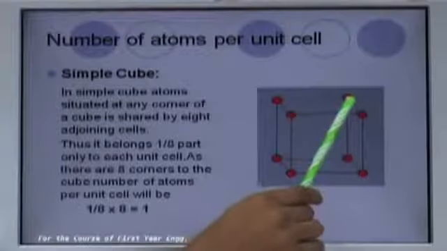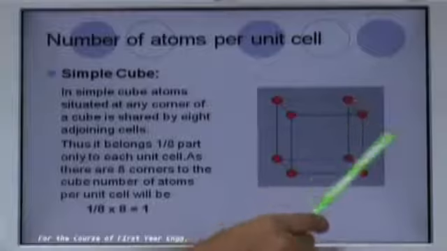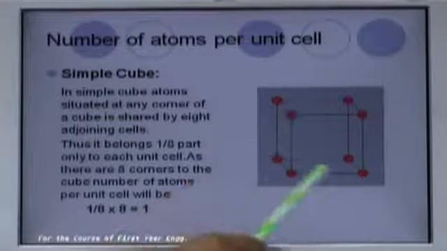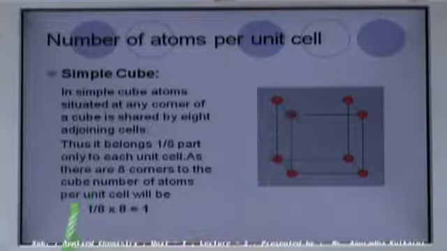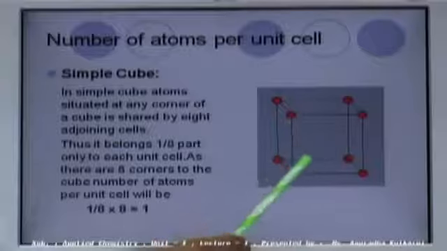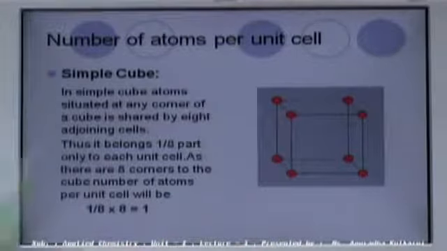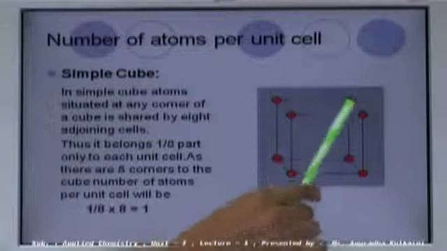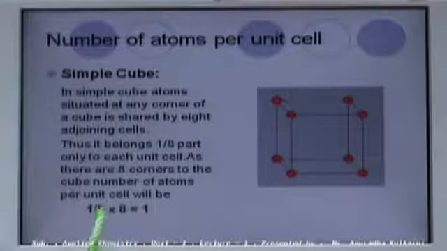Now each and every atom is shared by 8 adjoining unit cells, and then we can say only 1/8 part of that particular atom belongs to this particular unit cell. How many such atoms are there? 8 such atoms are there. So therefore number of atoms per unit cell for simple cube is 1/8 into 8 is equal to 1.